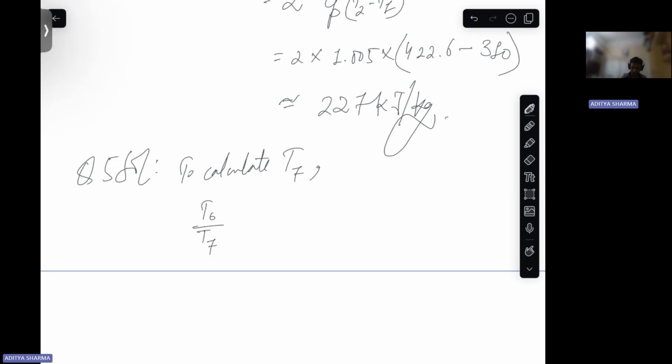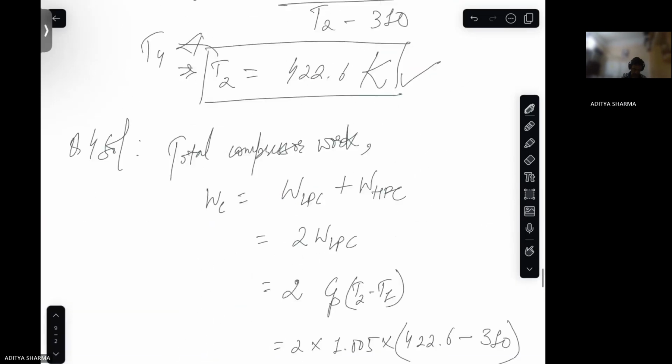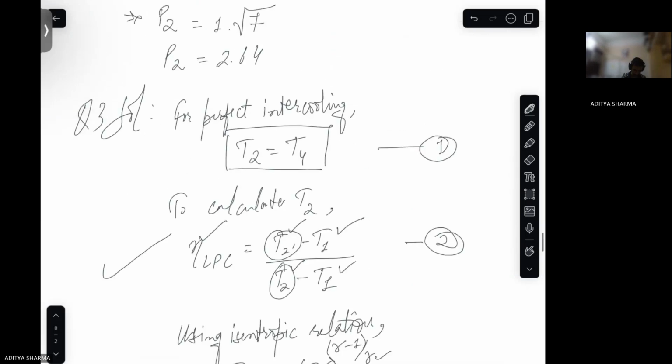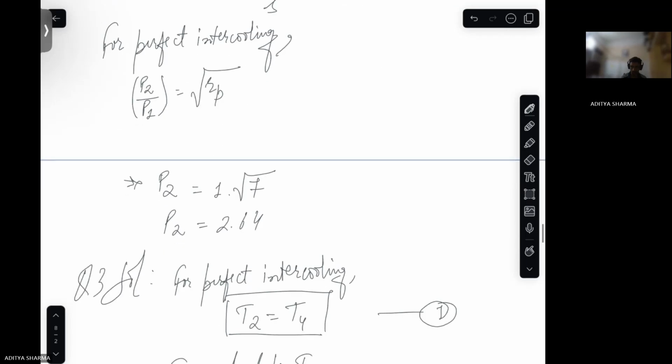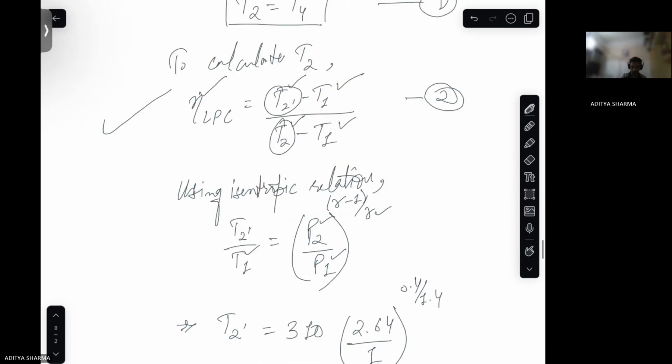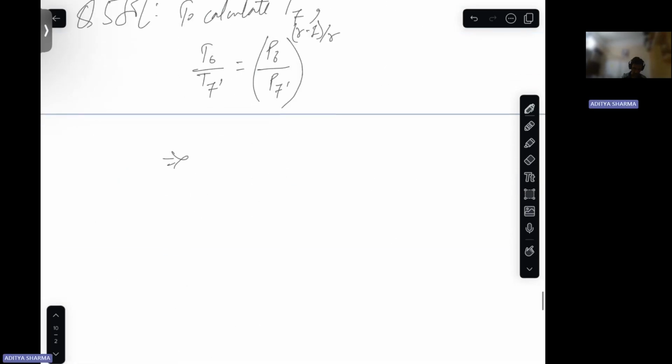T6 by T7 dash is equal to P6 by P7 to the power gamma minus 1 by gamma. This is your isentropic relation. From here, you will get T7 dash.